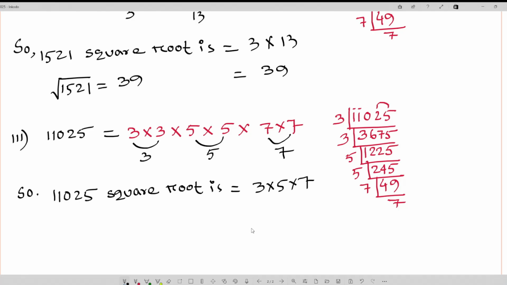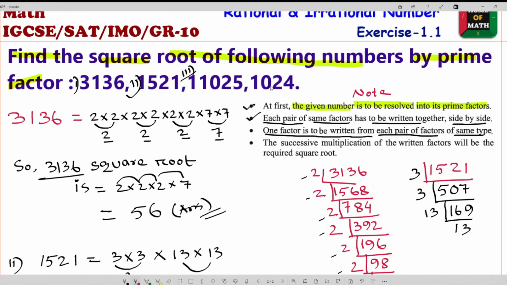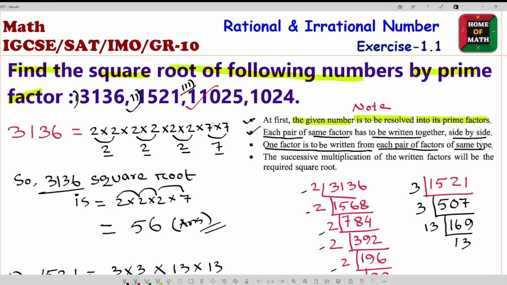Once we multiply 3 times 5 times 7, it will be 105. So this is our answer: the square root of 11025 is 105. So this one is done.